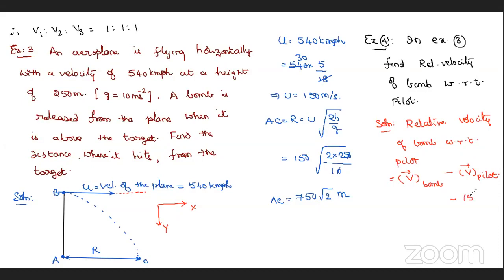So this is 150 meters per second along the x-axis, in vector form.